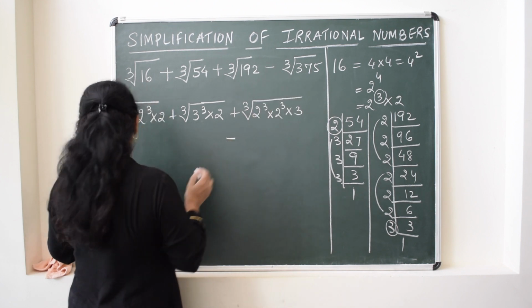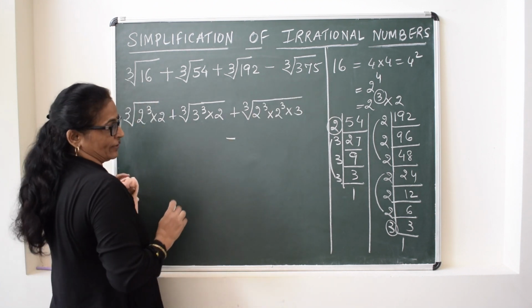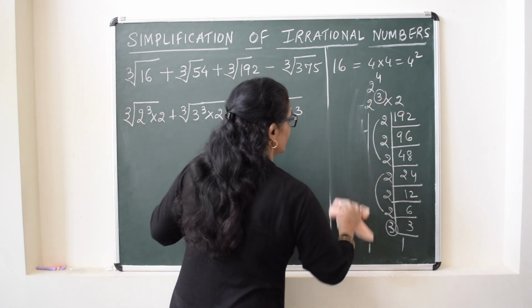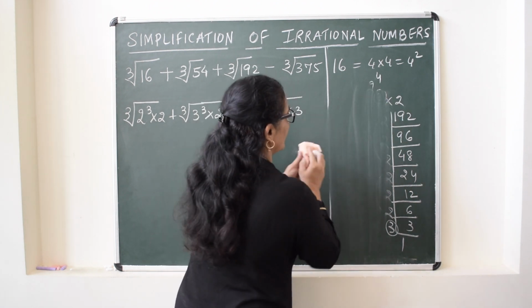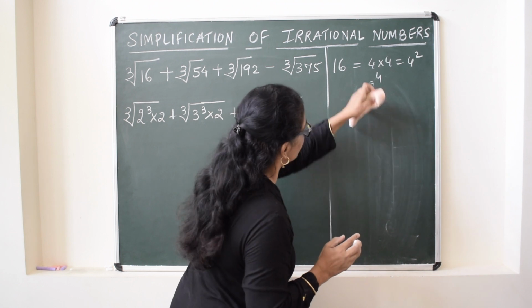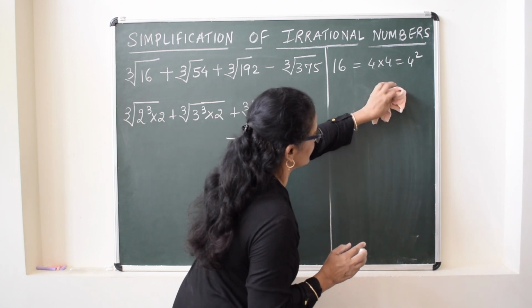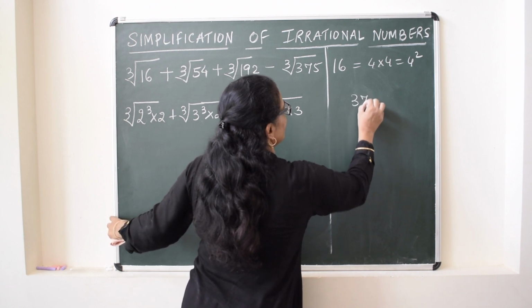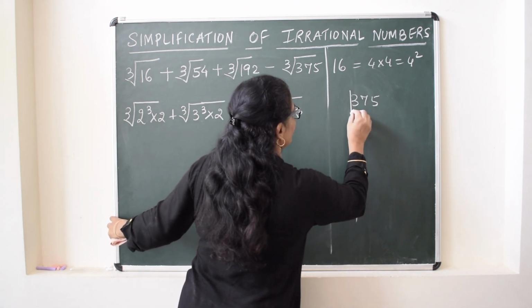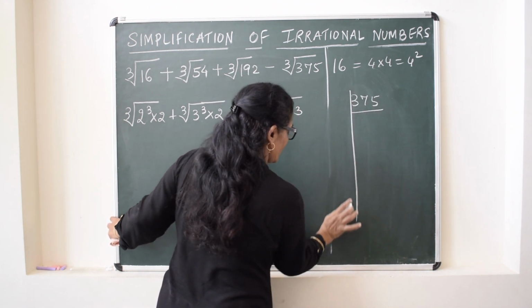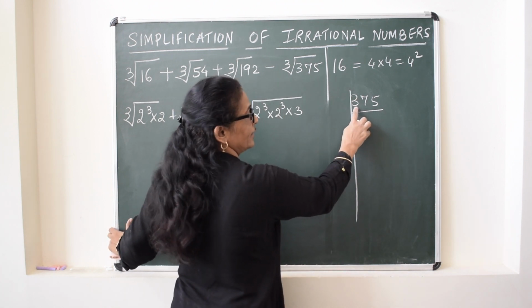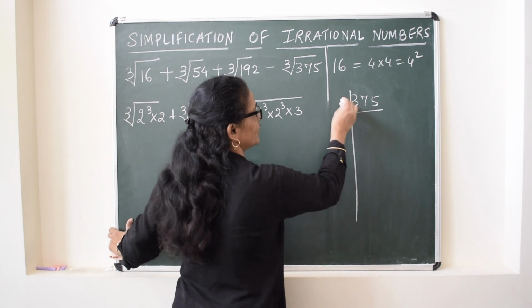The last is 375. So we will find out the factors of 375 and we'll rewrite it in the form of cubes to match the order. So 375, you can check it by 3: 7 plus 3, 10, 10 plus 5, 15, it will go by 3.